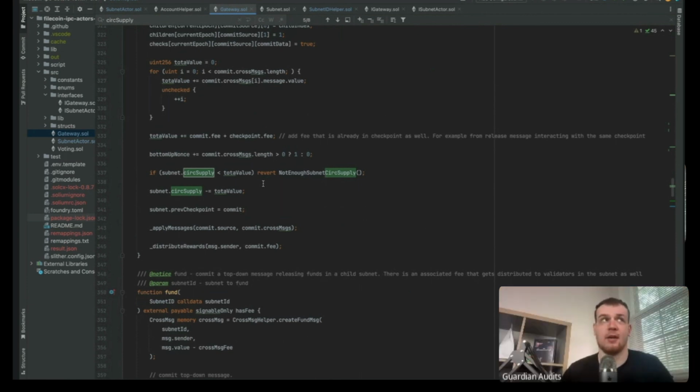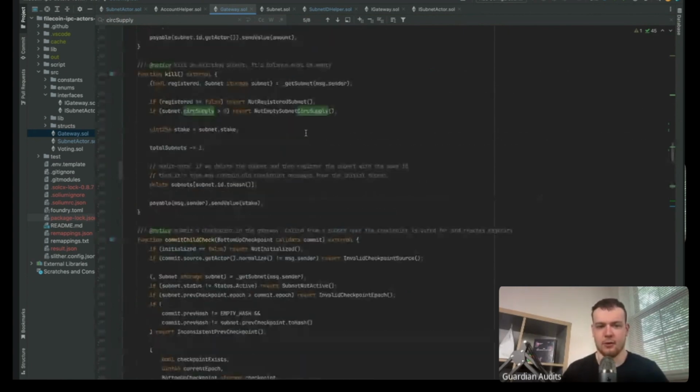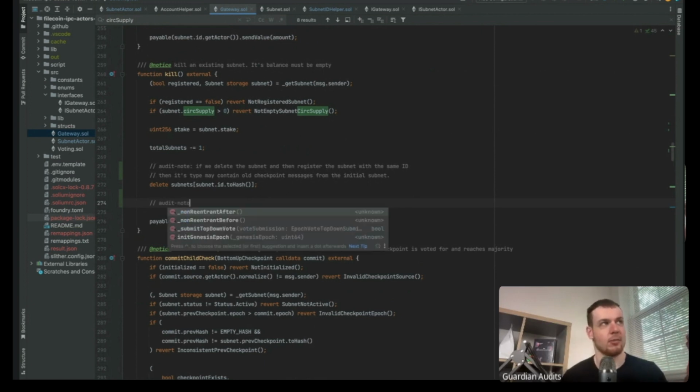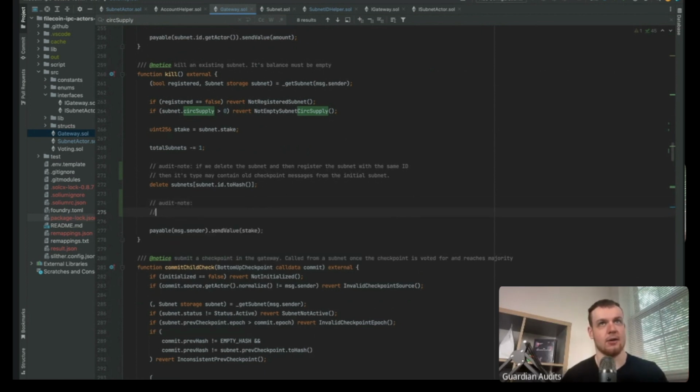So that would be an interesting attack vector to think of. Maybe this is something to note down: is there a way we can still follow the firewall principle, but have one account take money that a different account deposited? Could that happen in the system somehow?